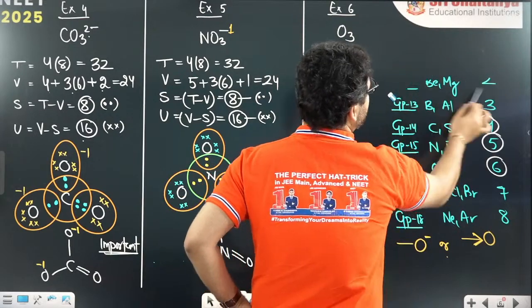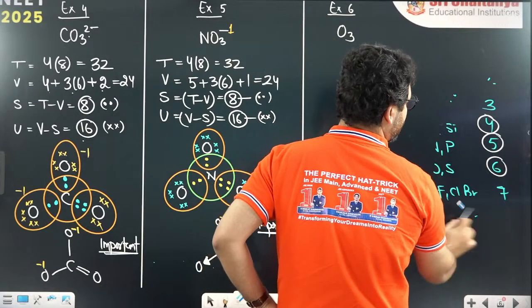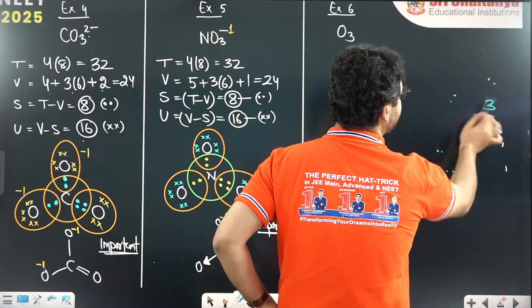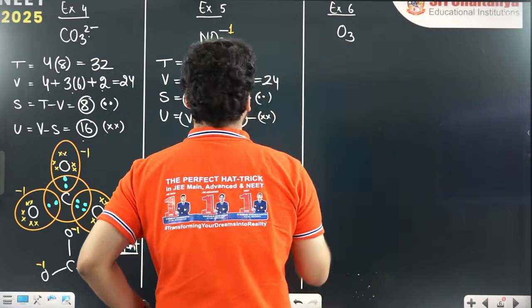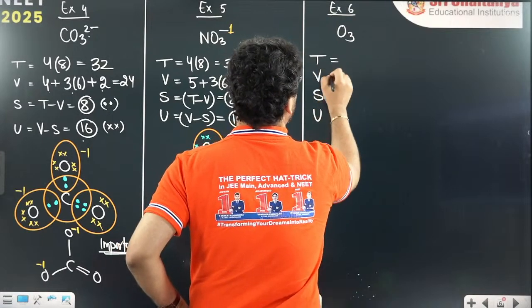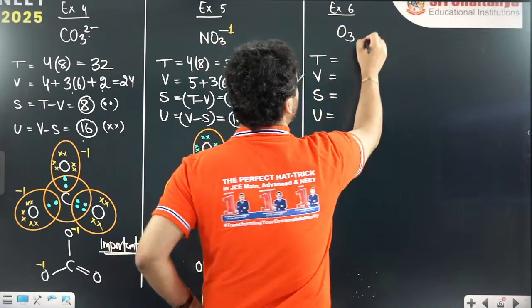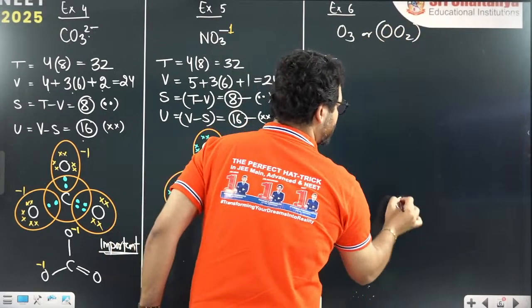Now I'll show you ozone. You can see ozone now, everybody. Ozone is also a very important compound whose structure we should remember. TVSU. Ozone, you can also think of it as OO2. Okay, one oxygen in the middle, 2 on the sides.